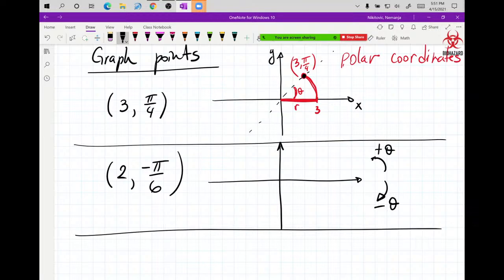Positive angles, right? So, we draw 2, radius of 2. That's a radius r. And then negative pi over 6 is negative 30 degrees. Construction line should go right there. That's too steep. I mean, needs to be steep.